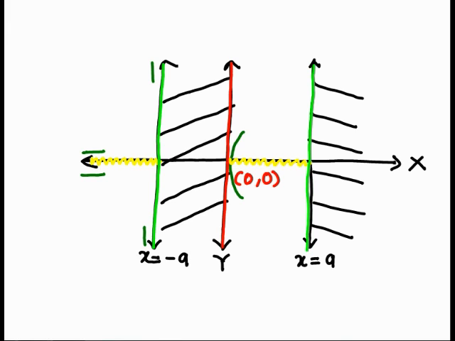Similarly, for the asymptote x is equal to a, the behavior of the curve is like this, but we cannot consider the area on the right hand side, the region of absence.